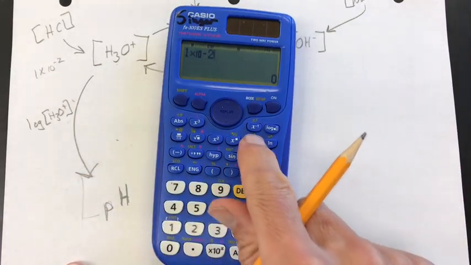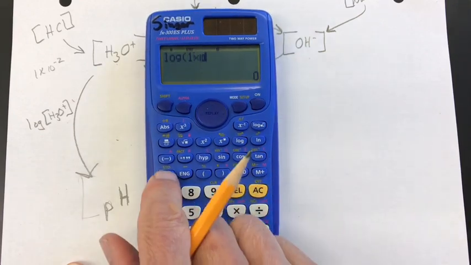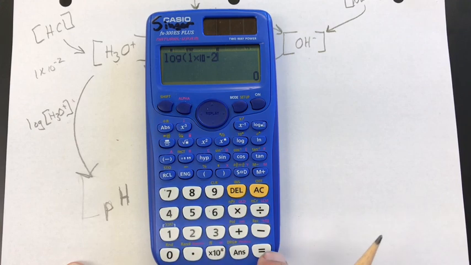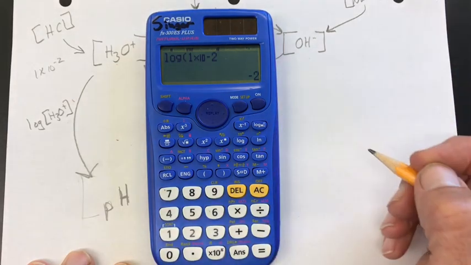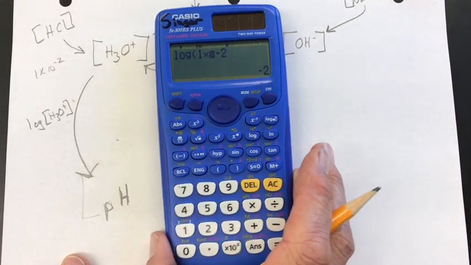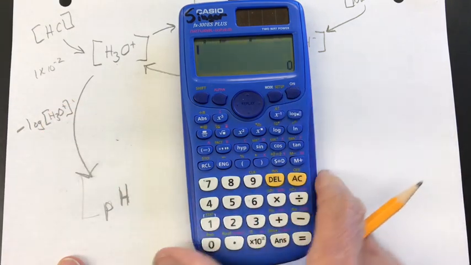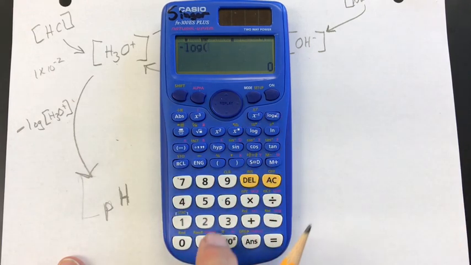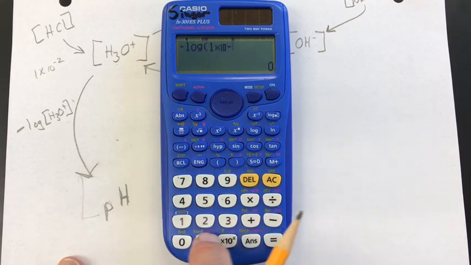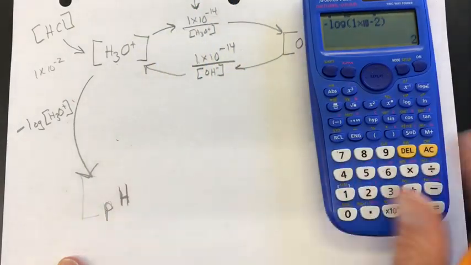I push negative log, then 1 times 10 to the negative 2, and you get, oh, how beautiful is that, plain old 2. So that would be the pH.